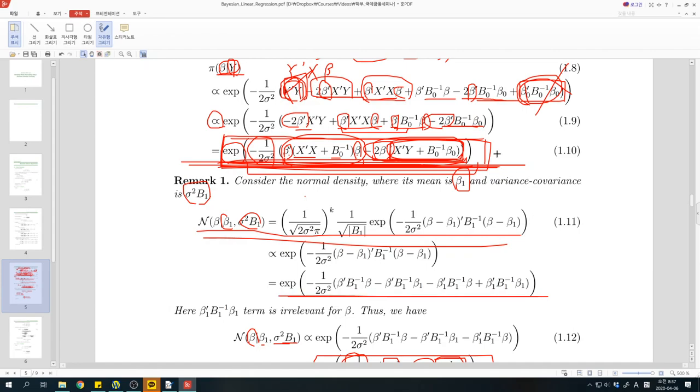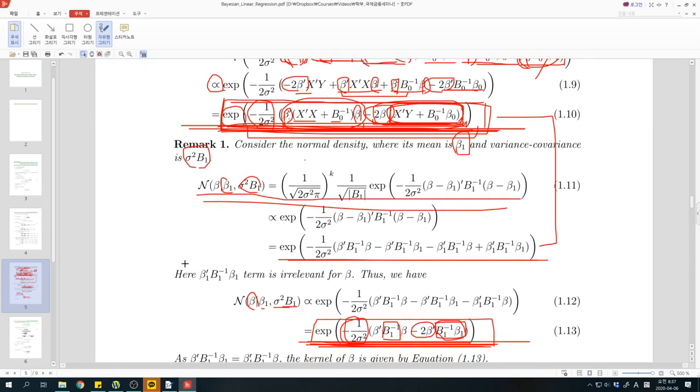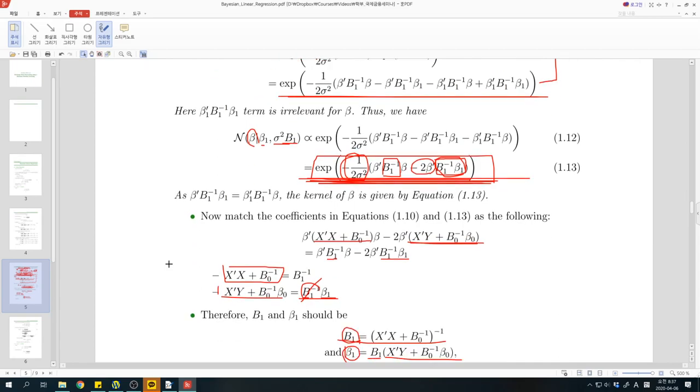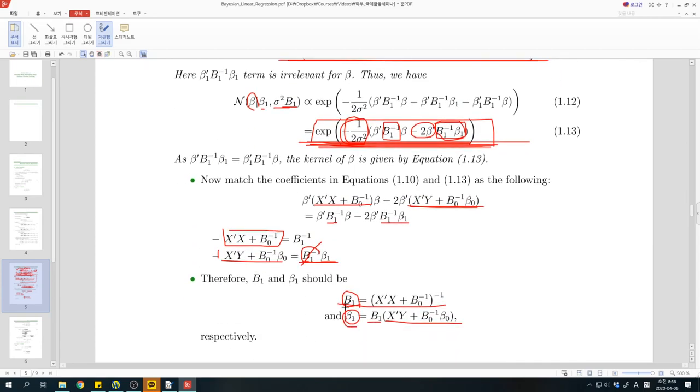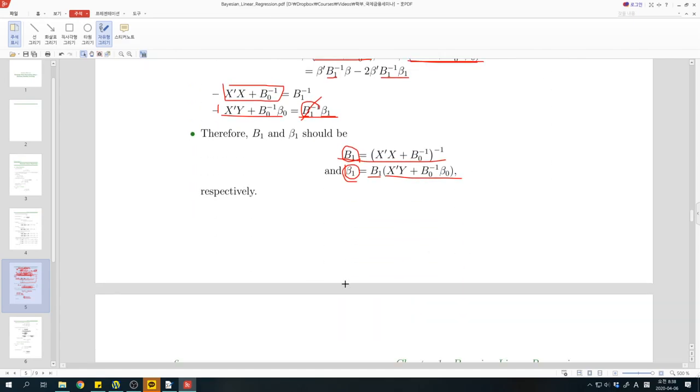So this equation should match this equation. We are just matching the coefficient on the beta square terms and the coefficient on the beta term. By matching the coefficients, we see that b1 must be the inverse of x prime x plus b0 inverse, and beta 1 must be b1 times x prime y plus b0 inverse beta 0.